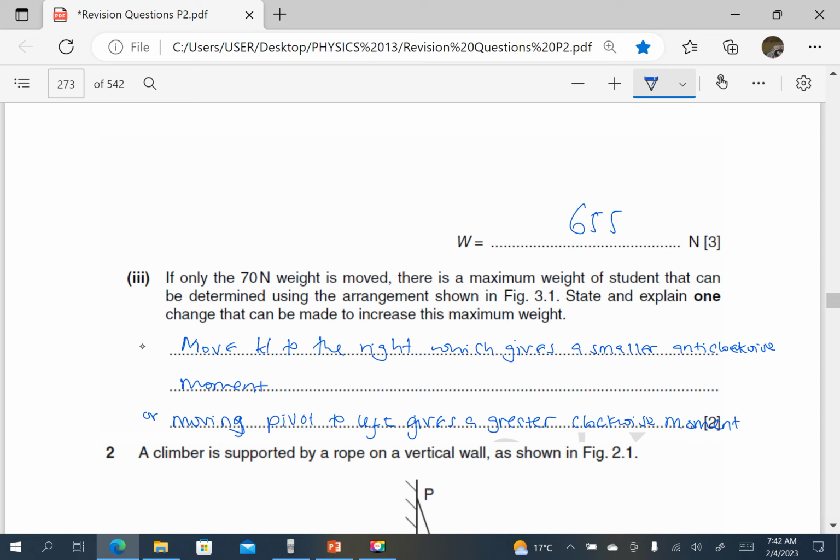That means it is a smaller anticlockwise moment. So the maximum weight can be greater if we move the pivot to the left.